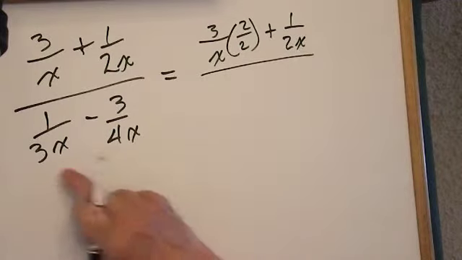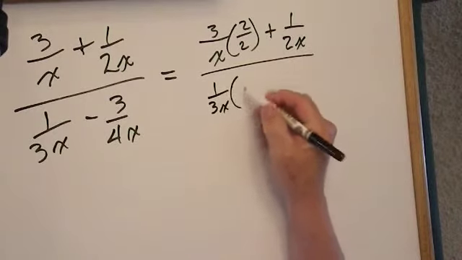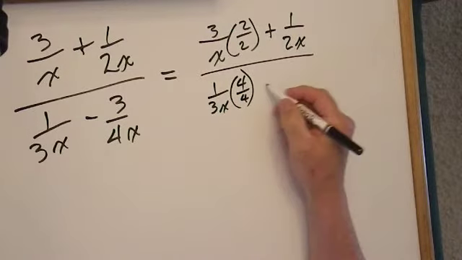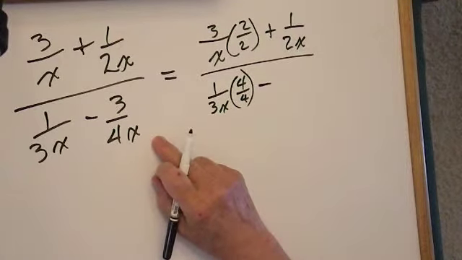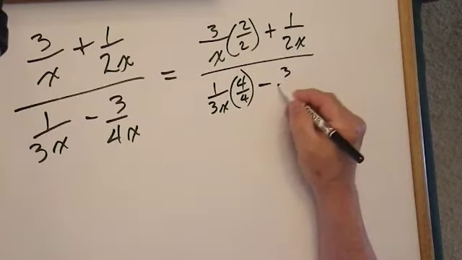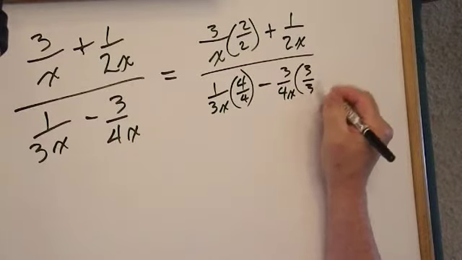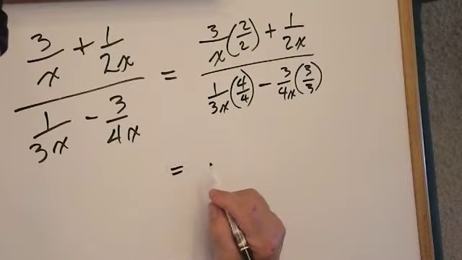Well, in order to get the first fraction to be 12x, I've got to multiply it by a 4, like this. For the second term, I want it to be 12x, so I've got to multiply it by a 3. So it'll be 3/(4x) times 3/3. Now I'm going to have to simplify this a bit.